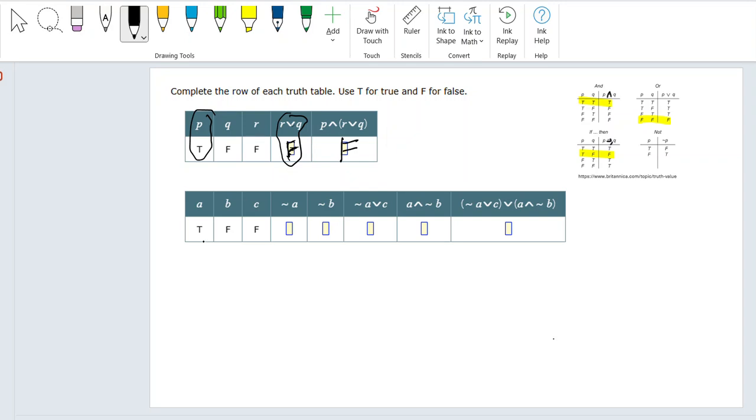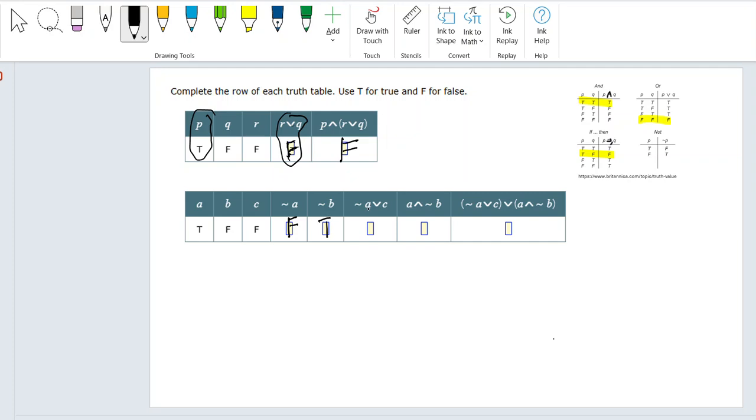Now 3-1 is a little bit more difficult because we need to work on this, but they're only doing them two at a time, so it's still just as easy. The negation of A, of true, is false. The negation of B is true.